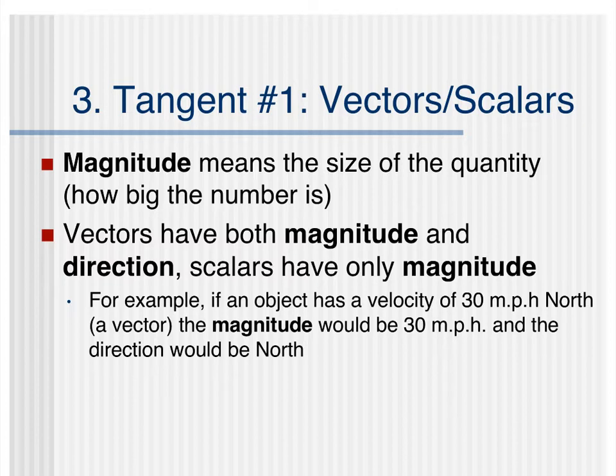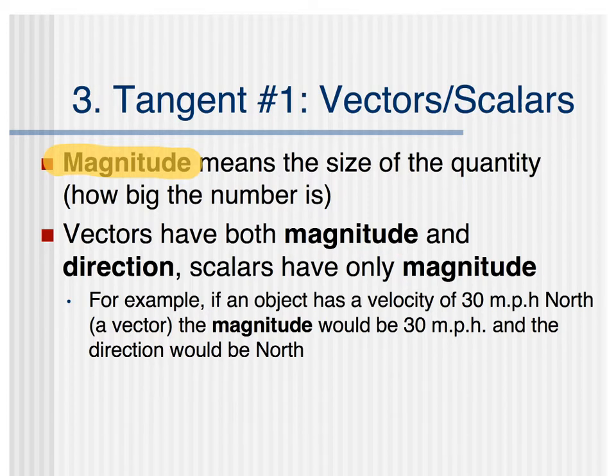One term that you'll hear when we're talking about vectors is magnitude. What magnitude simply means is the size of whatever the quantity is, simply the number. So a vector has a magnitude, a size to it, and a direction.